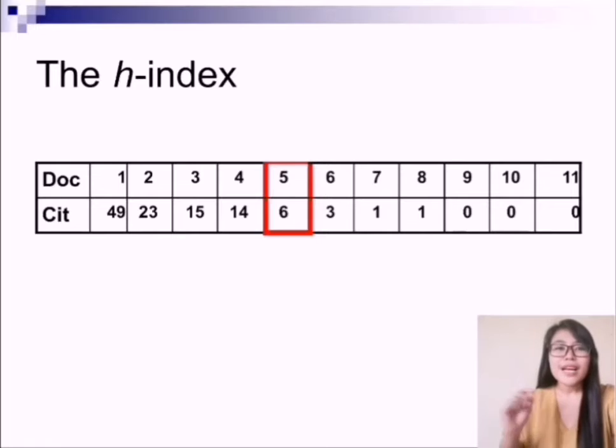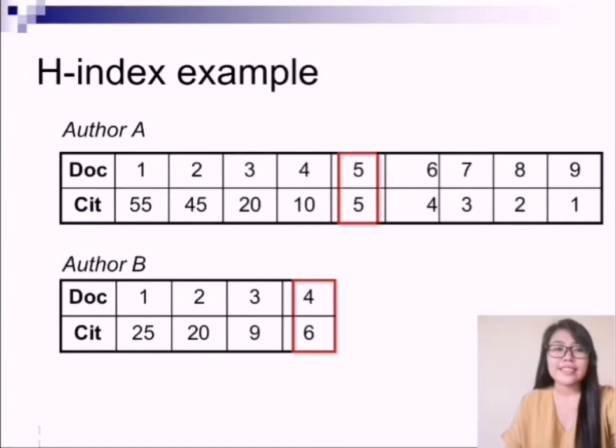Okay, let's have another example. So we have author A and author B. Author A has 9 published papers, and let's now look into the citations. Why is it that 5 is the H-index?